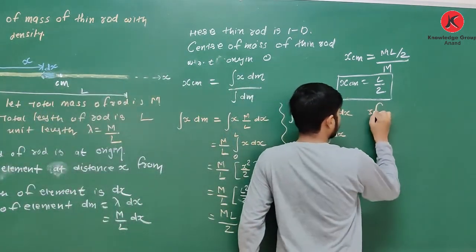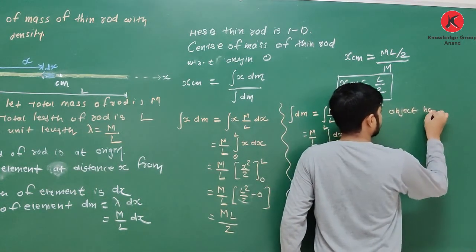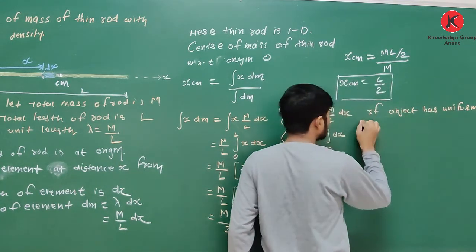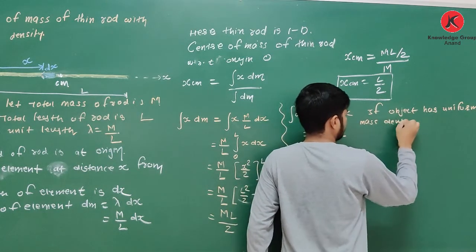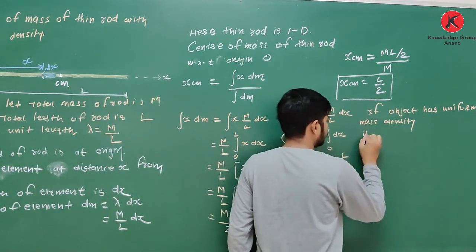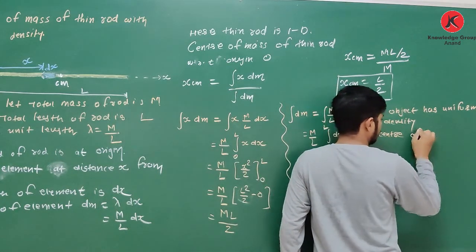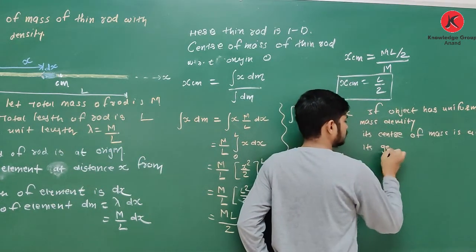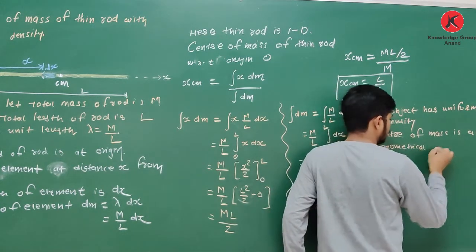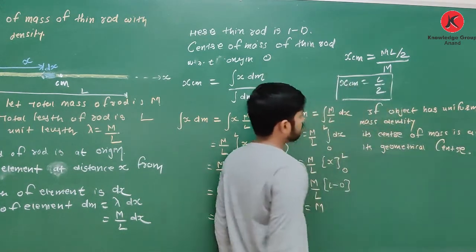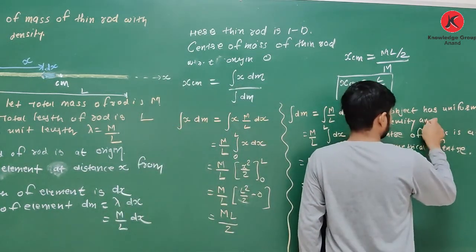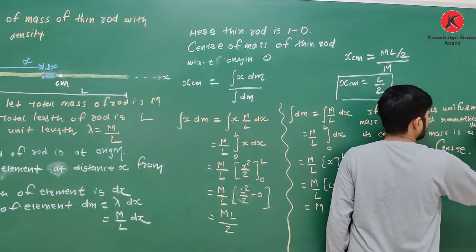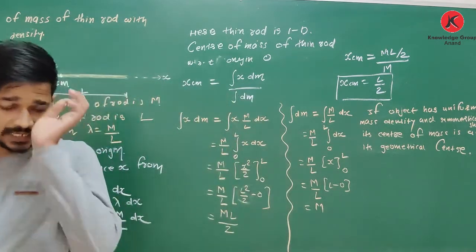If an object has uniform mass density and symmetrical shape, then its center of mass is at its geometrical center.